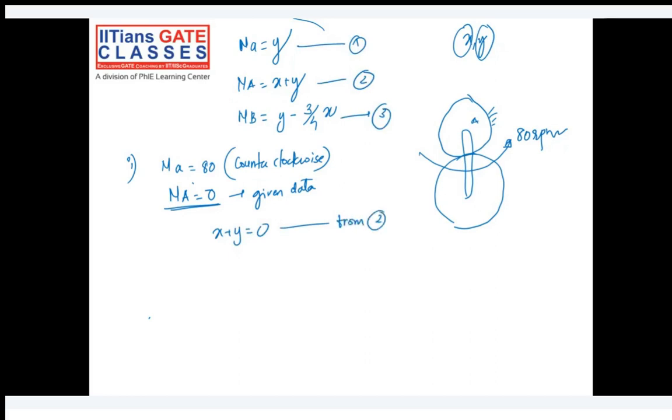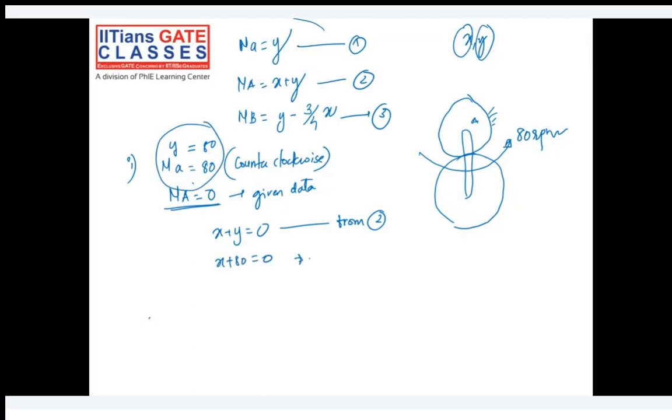If X plus Y equals 0, and the arm speed is 80, that means Y is equal to 80. So from this, X plus 80 equals 0, and this implies X is equal to minus 80.